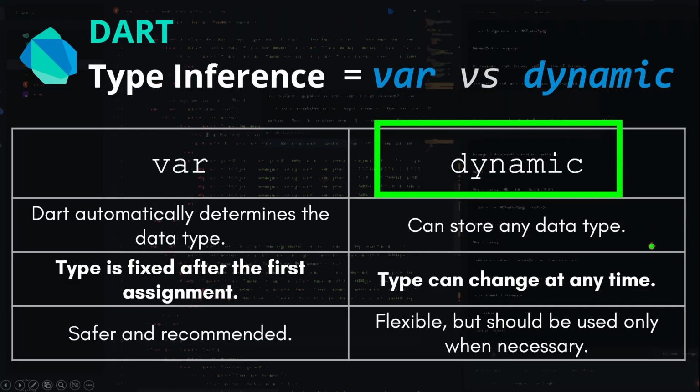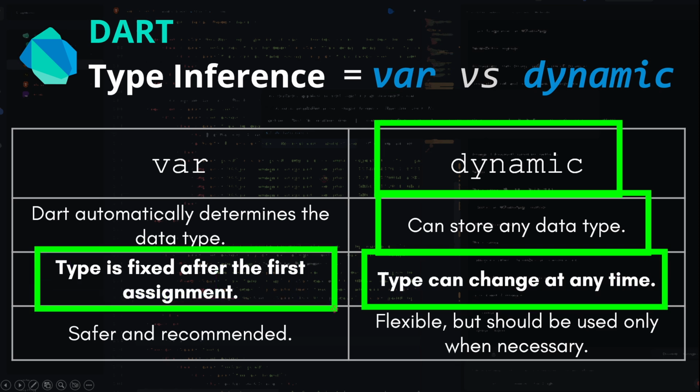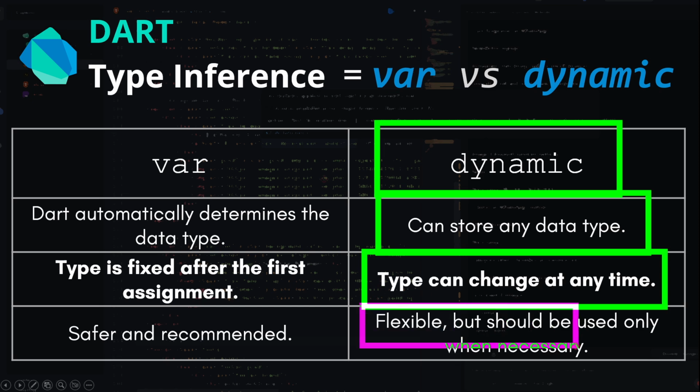Dynamic can store any type of data, and you can change the type anytime you want. Unlike var, where once you create the data type it is fixed, with dynamic you can change it anytime, and it is flexible, but you should only use it when necessary because it is not safe.